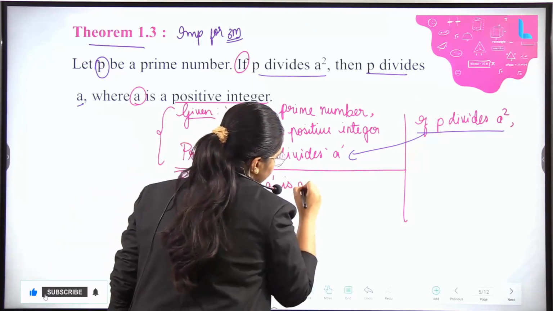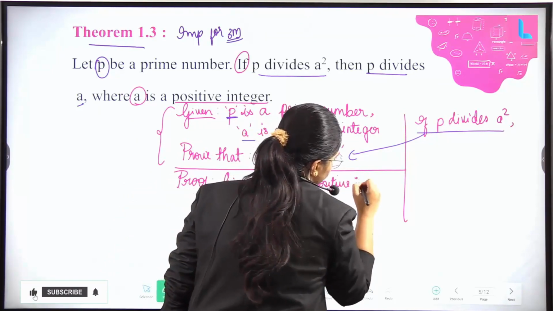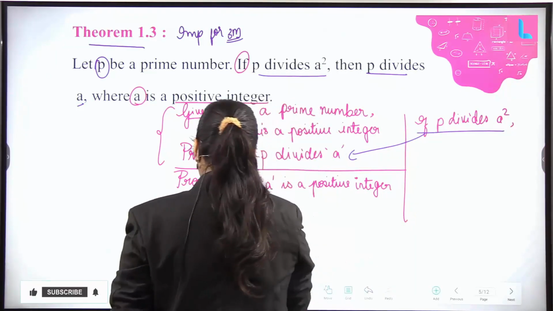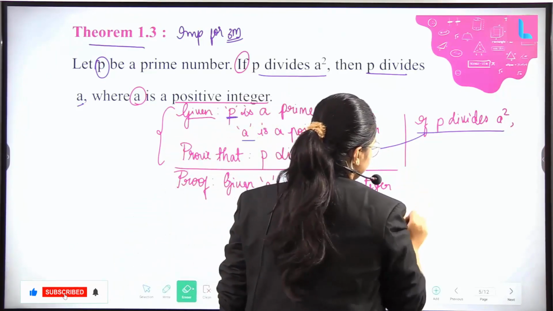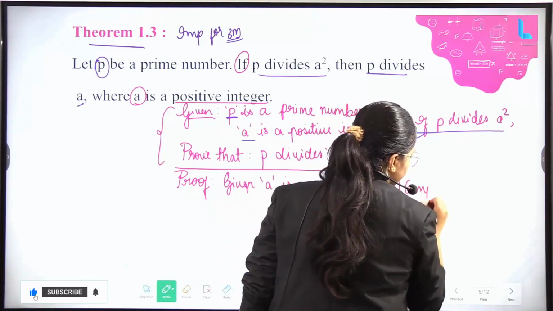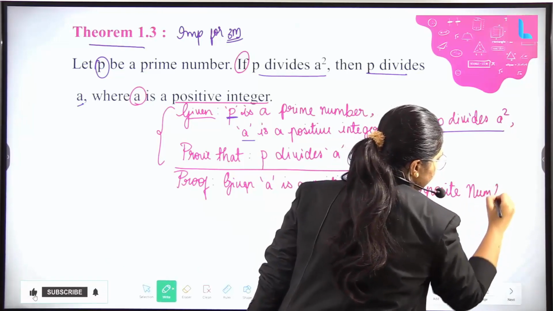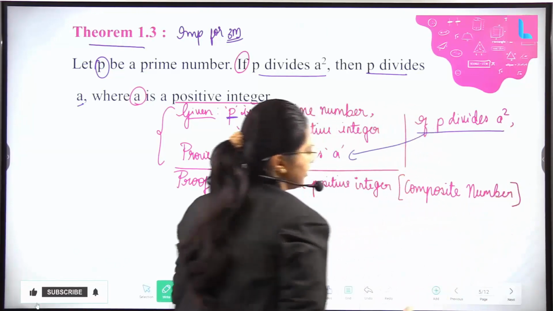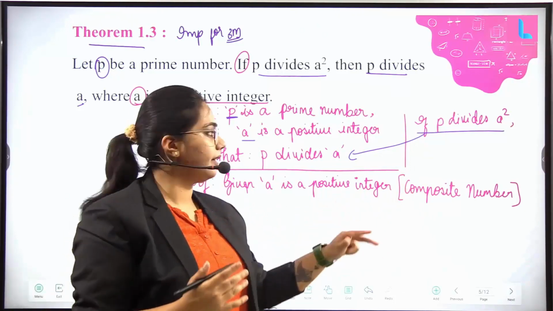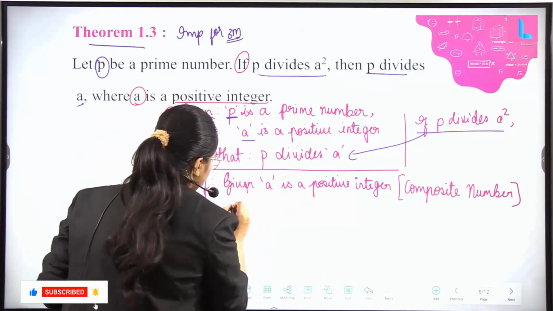Given A is a positive integer, we'll consider this positive integer as a composite number. You know what a composite number is? A number which is divisible by 1 and more than 2 coprimes.